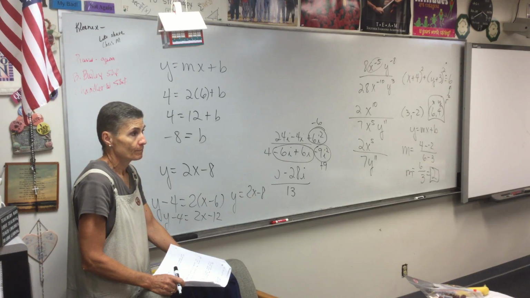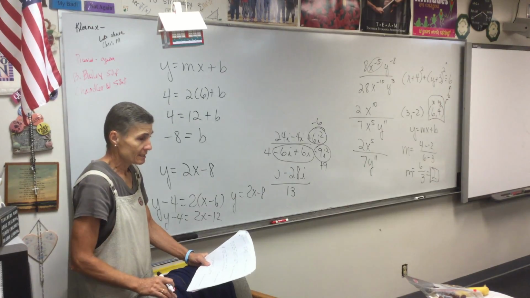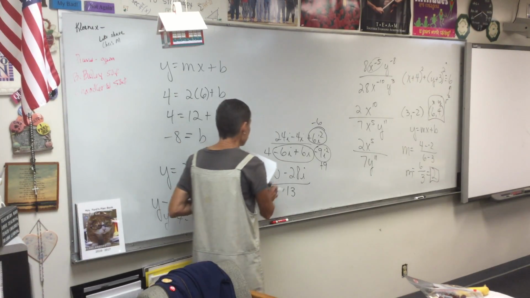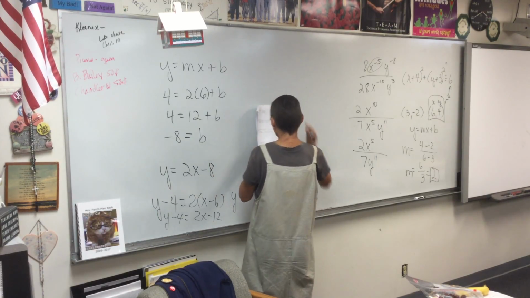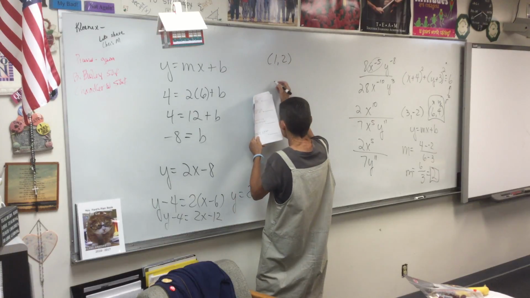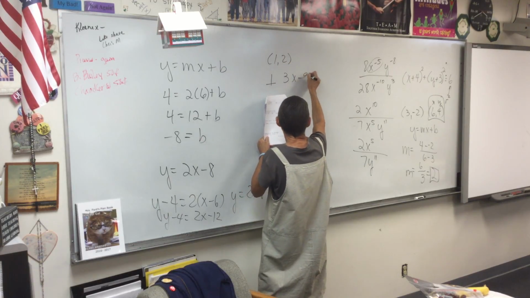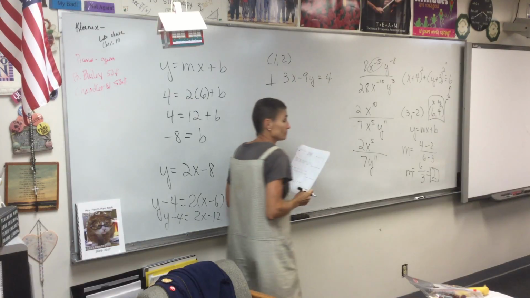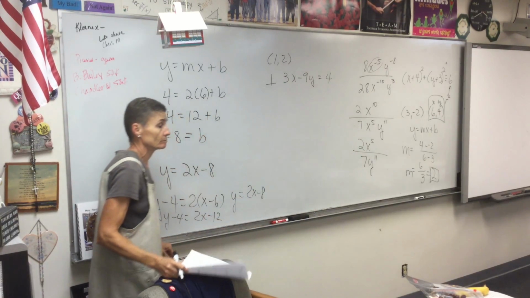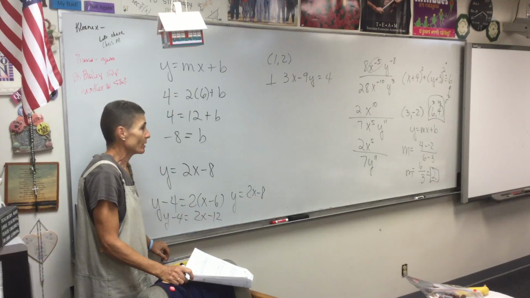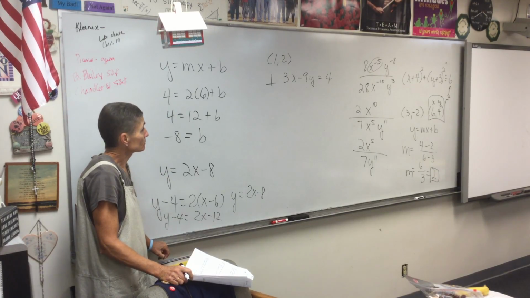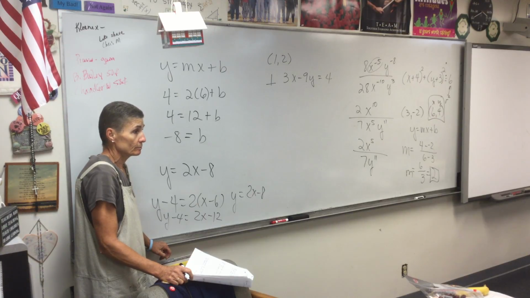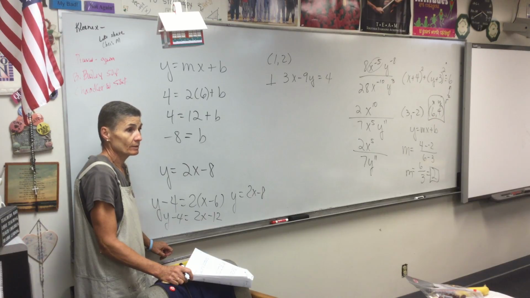All right. Now look at B. Again, I'm writing the equation of a line, but this time it contains the point 1, 2, and it's perpendicular to this line. Okay? Now, I get y by itself.